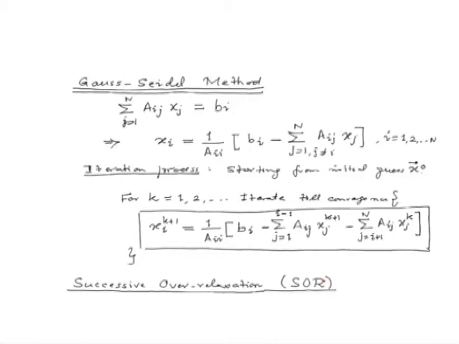So if I write this as x_i^(k+1) in our Gauss-Seidel algorithm, let us put it under subscript GS to it.